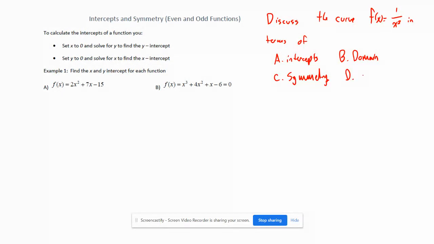D would be asymptotes. E would be intervals of increase and decrease.